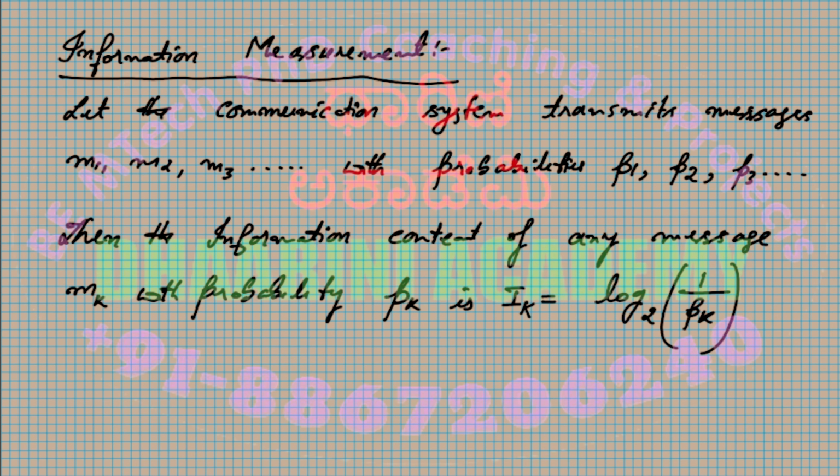So let's consider a scenario first. Let's say it is a rainy season, and somebody calls you and tells you that today it's going to rain. Do you get any information from that? You say yes, you get information.